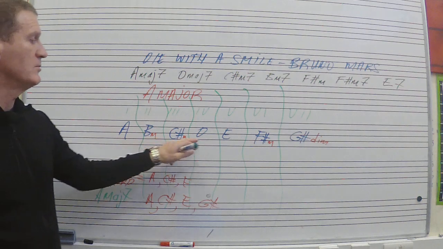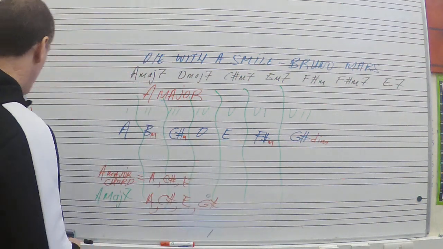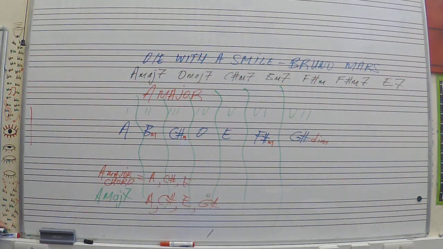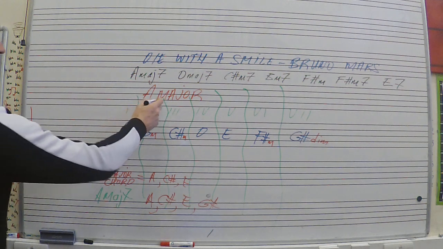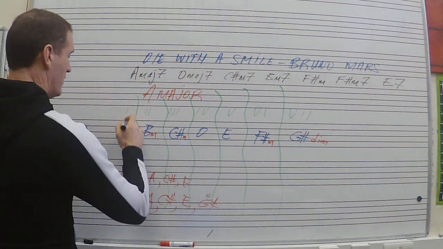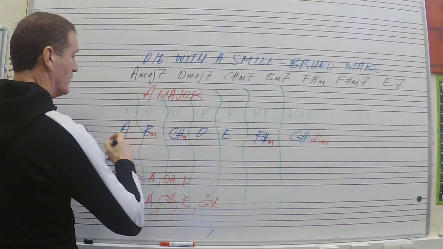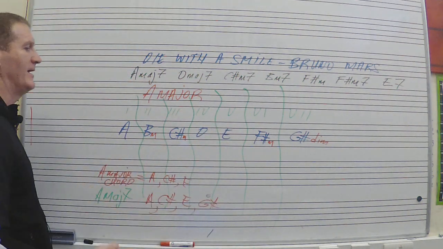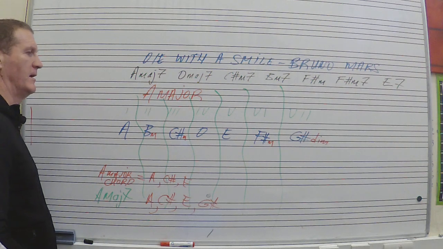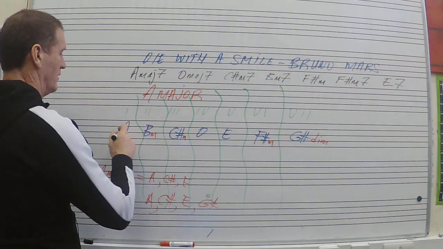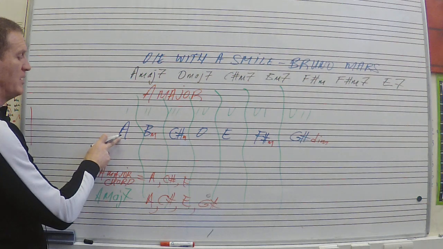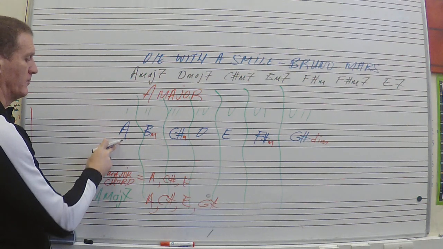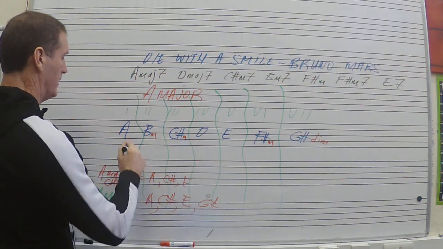So I'm going to now show you the 4-note chords of the A major key. And there's a lot of information here, folks. It's just something you're going to have to go over again and again, and you'll eventually know it.